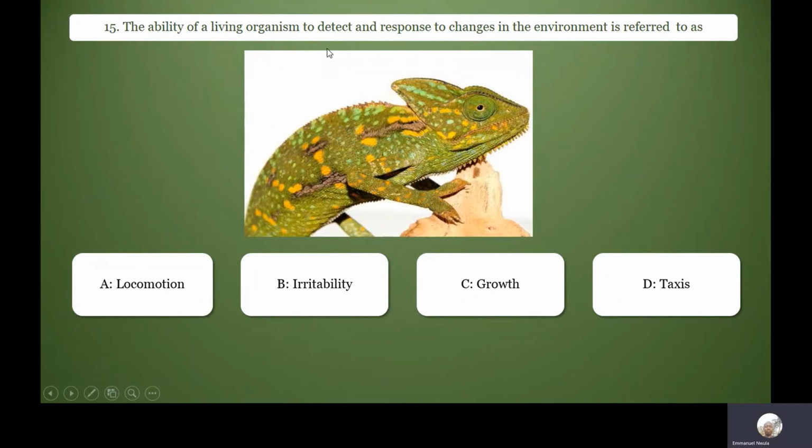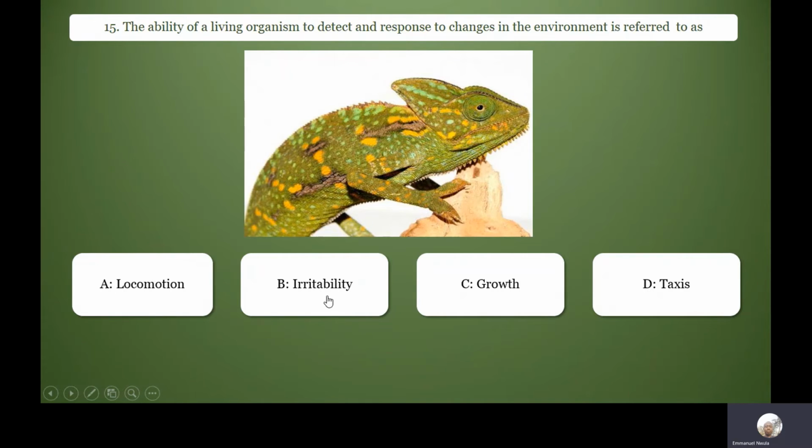The ability of living organisms to detect and respond to changes in the environment is known as irritability. That's B. Irritability is also called sensitivity.